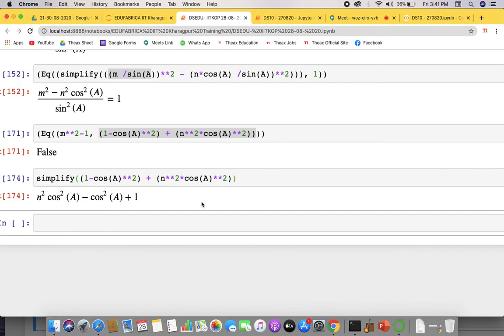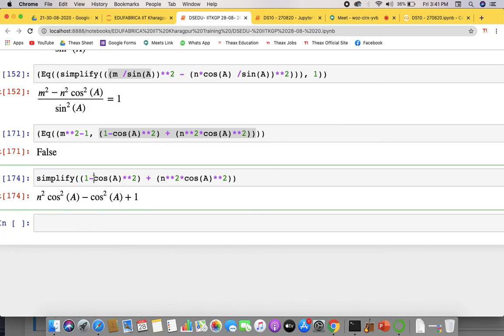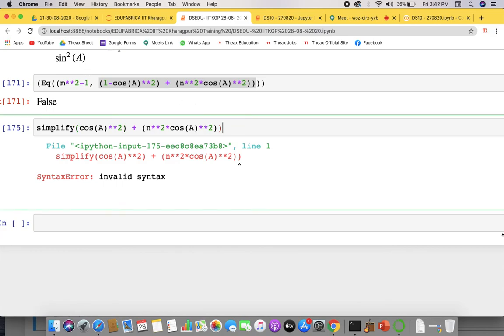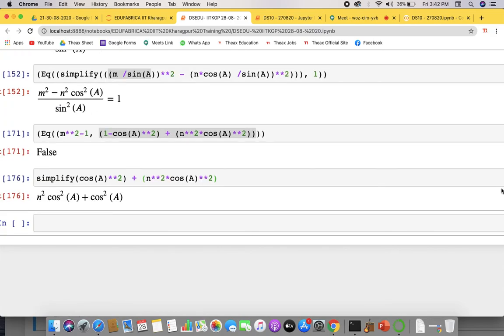M square minus 1 is on the left hand side. Is equals to n square cos square a minus only the cos square a. 1 minus cos square a plus n square cos square a. Minus this cos square a. Got it.